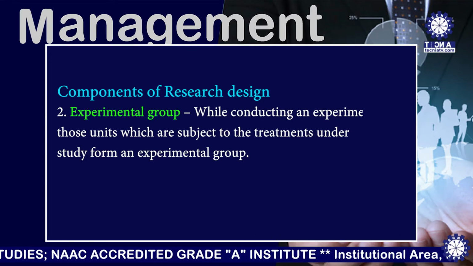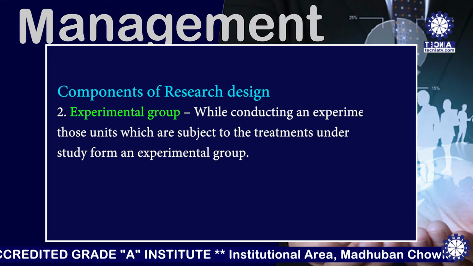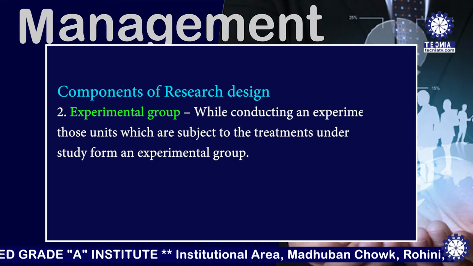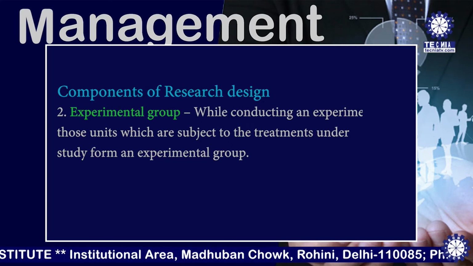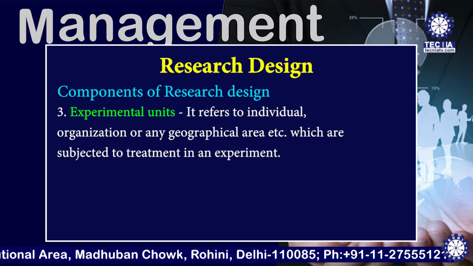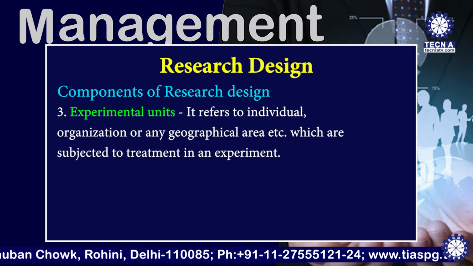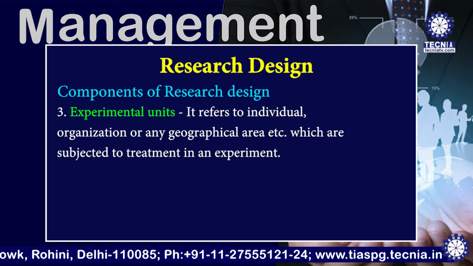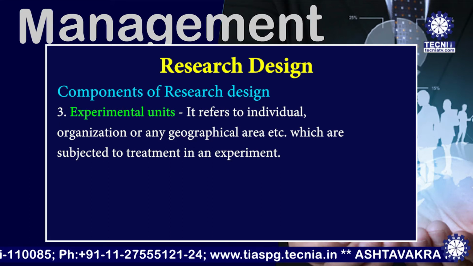While conducting an experiment, those units which are subject to the treatments under study form an experimental group. The next one is experimental units. It refers to the individual, organization or any geographical area, etc., which are subjected to treatment in an experiment.